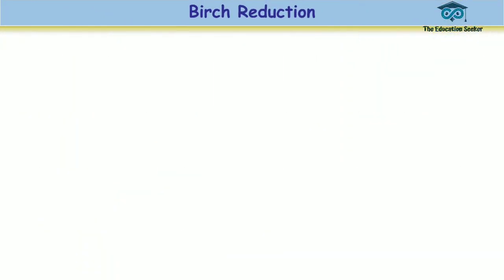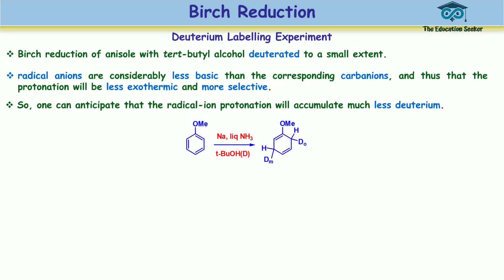So now, in order to check the regioselectivity of the protonation step, that is, whether the ortho carbon or meta carbon bears the maximum negative charge density for protonation, they devised an experiment named the deuterium labeling experiment. What did they do? They performed Birch reduction of the anisole molecule with tertiary butyl alcohol deuterated to a small extent, about 2%.